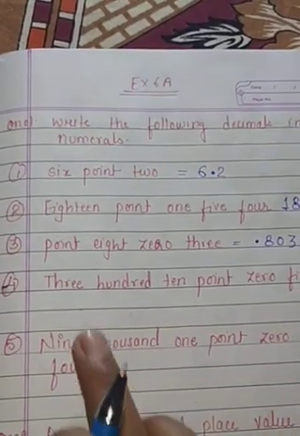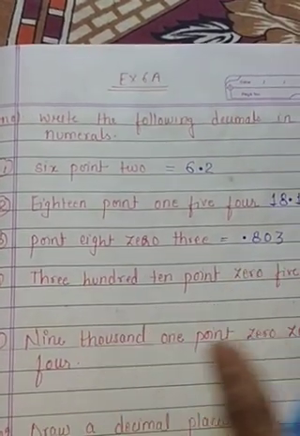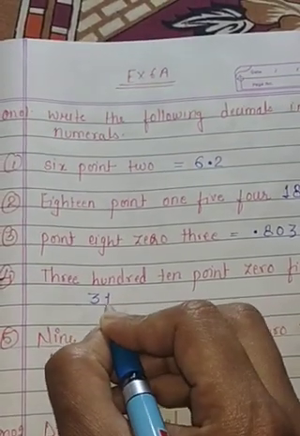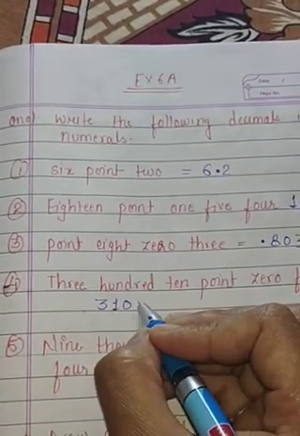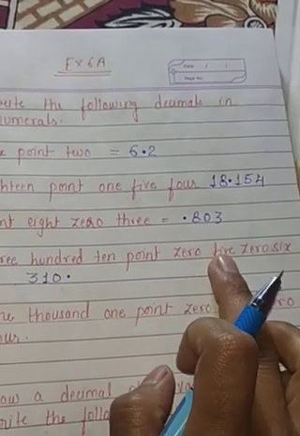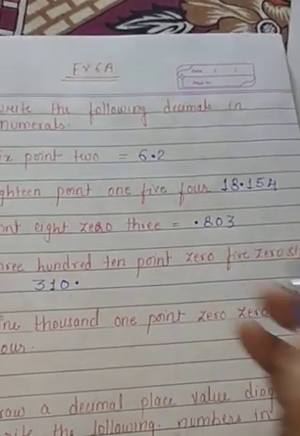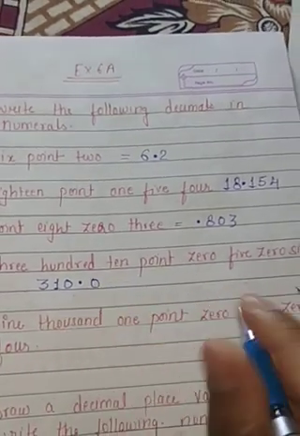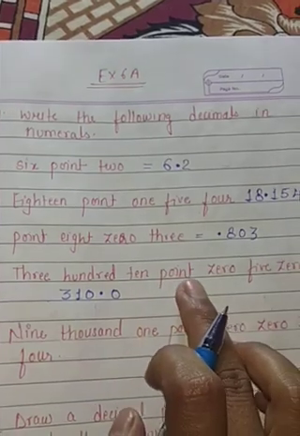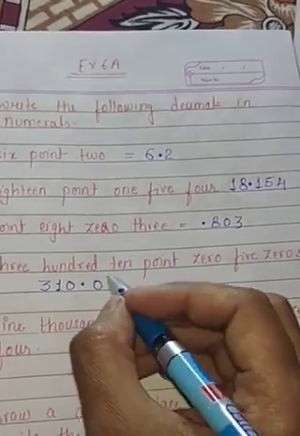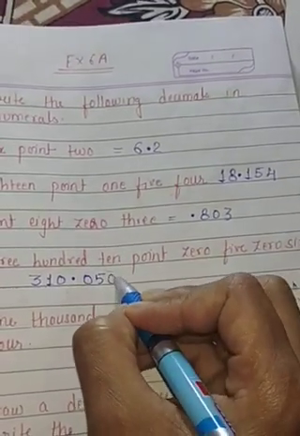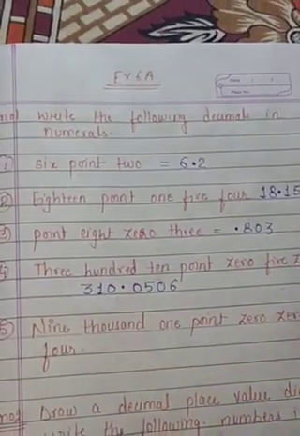Now 310. We know how to write 310. This is 310, correct. Point 0106, 005: 310.0506. Like this we have to write.